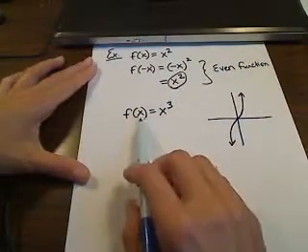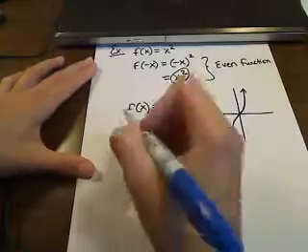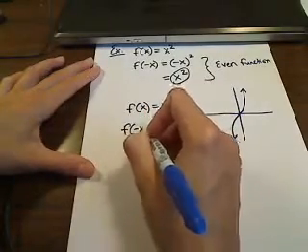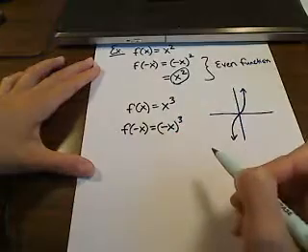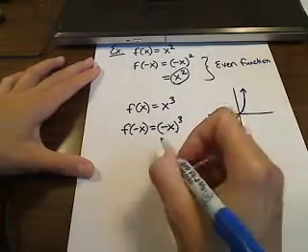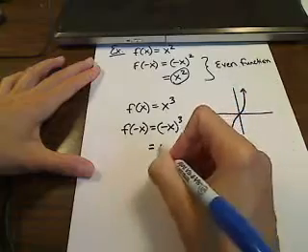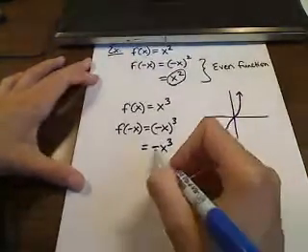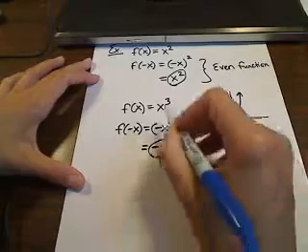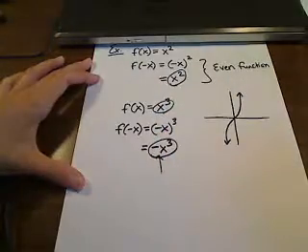But if I wanted to analyze that algebraically, then I would say, well, let me evaluate f of negative x. When I plug that in and I cube it, when you take a negative and you cube it, you end up getting a negative. So this would end up being negative x cubed. Okay, this is the opposite of our original function, right?